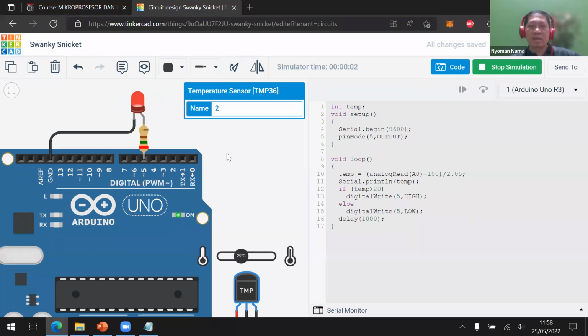Okay, it turns on the LED. Let's move to, okay, now it's off. On again because it's hot. Off because it's cold, a little bit colder than 20 degrees Celsius.